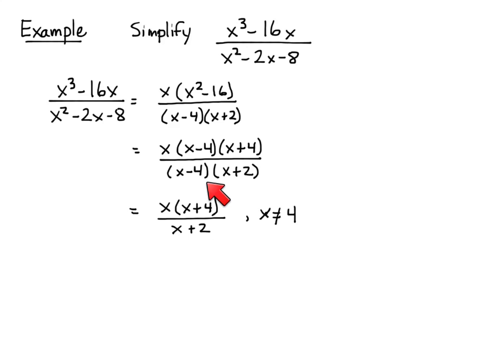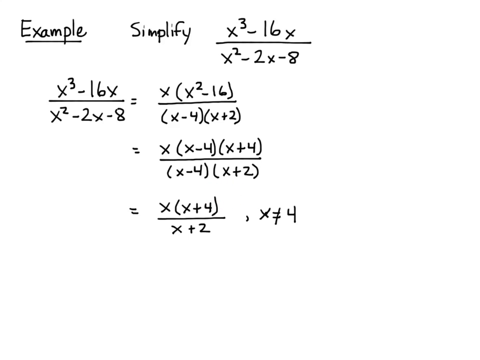But we do have to say that in this expression x cannot equal 4. Even though when you plug in a 4, you get 4 times 4 plus 4, which is 4 times 8, so 32 over 6, a perfectly reasonable number, that's not what this expression simplifies to. We have to retain the domain restriction because of this x minus 4.